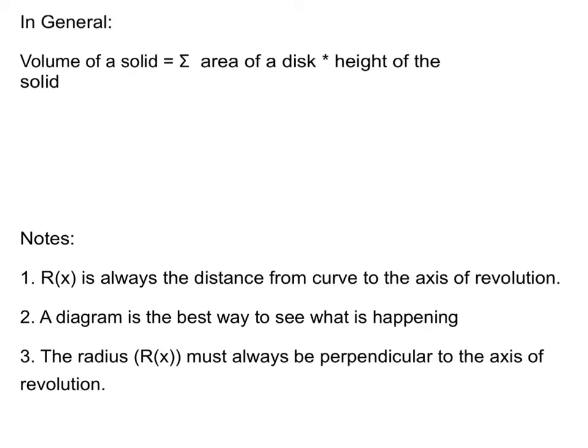So real quick, let's look at some notes on this and some in general. The volume of a solid is equal to the sum of the area of the disk times the height of the solid. So in notation, that would be the sum from i equals 1 to n of pi times the radius of the object squared, and in our case, the radius is going to be of the disk.